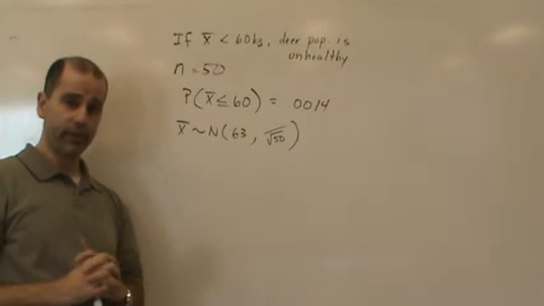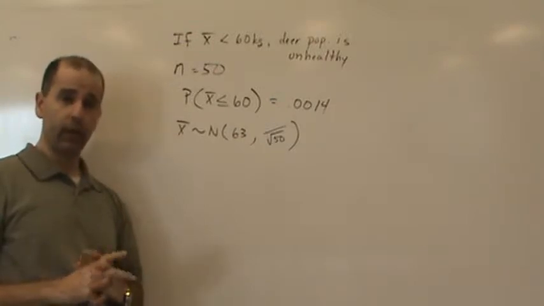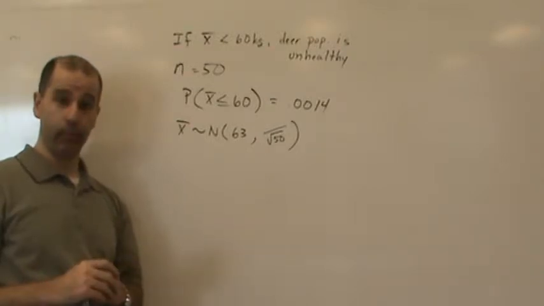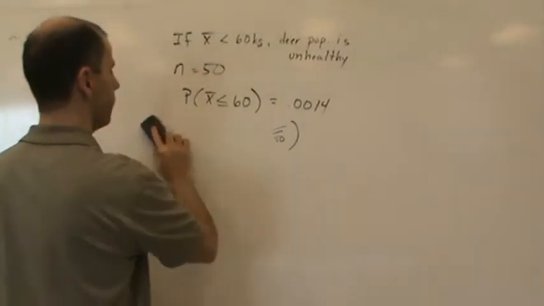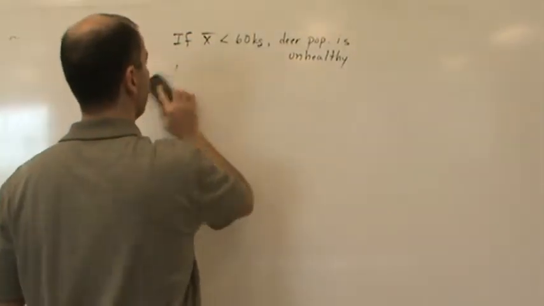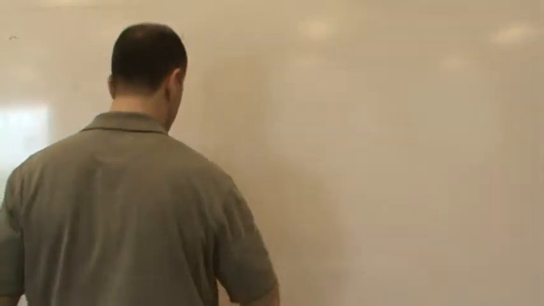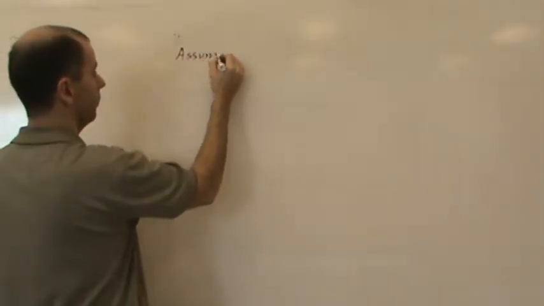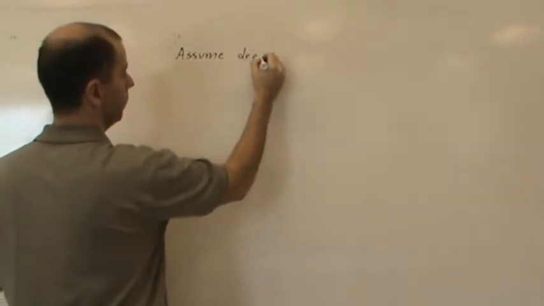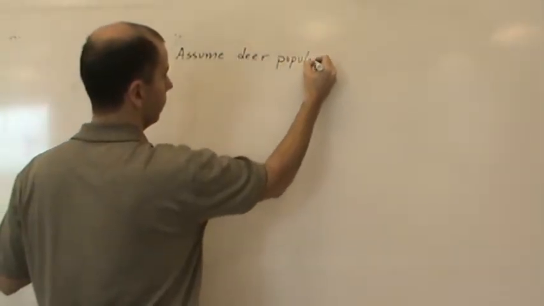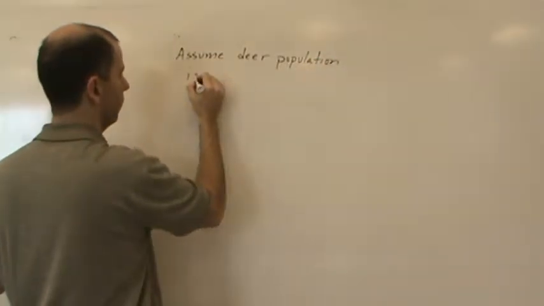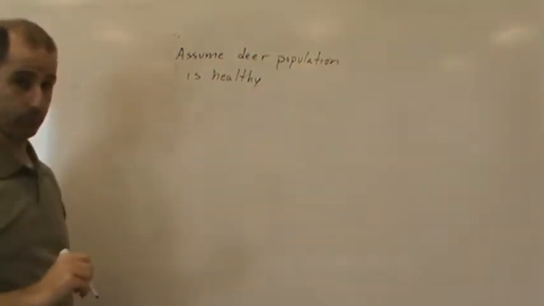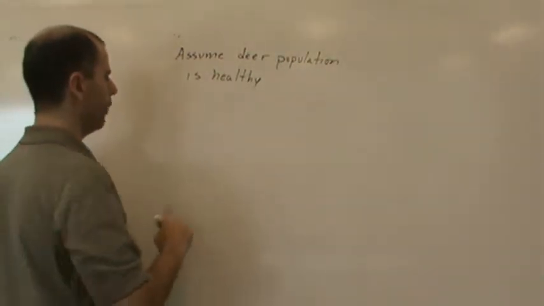But we started with an assumption, and we said, okay, now what if we did get that sample? What if we start with the assumption that the deer population is healthy, and we collect data?